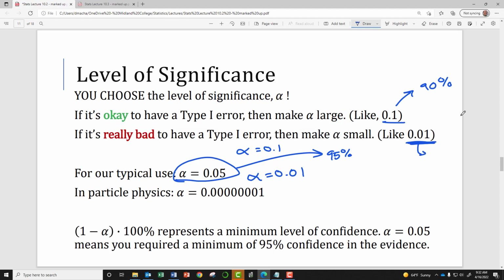And 0.01 would correspond to a 99% level of confidence. And this, I'm probably going to butcher this math because there are so many zeros, but it would correspond to a 99.1, 2, 3, 4, 5, 6, I think that's 7. It would correspond to a very, very high level of confidence.